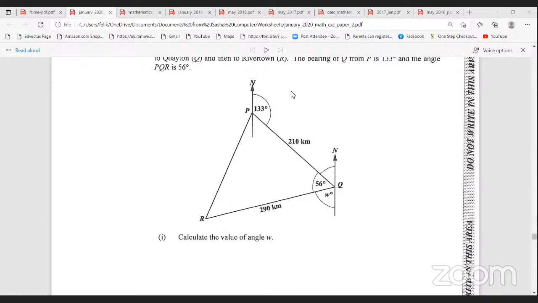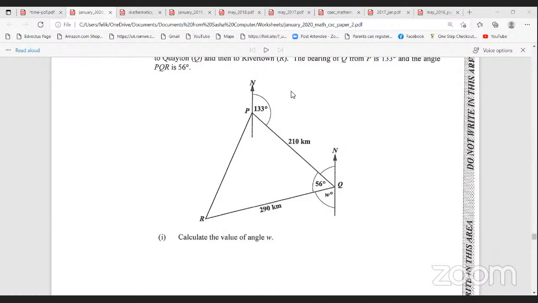Write this down in your book, everyone. Miss, we are finding this angle. Bearing of P from Q, that's what we're finding. Step 1: to find the bearing angle, locate the point.